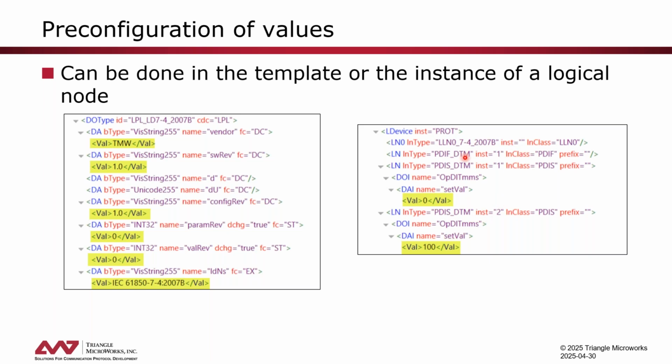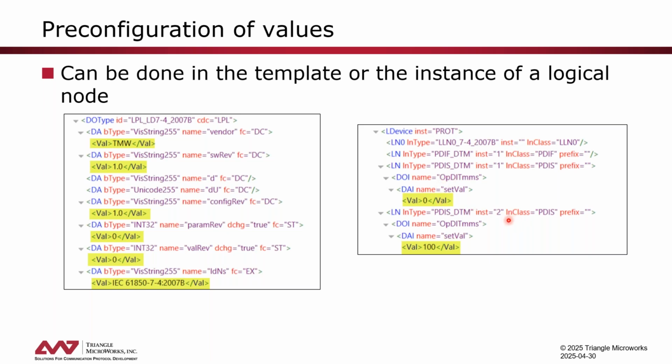values. In some cases, we will have individual values per instance of a logical node, like here, which is shown on the right side. So here we can define on this logical node PTOC, that for this first instance, our operate delay time setting is 0. So that will be the zone 1, where the operate and the start are coming together.